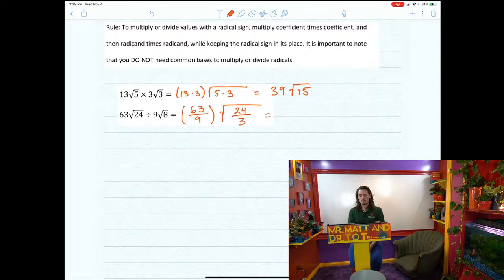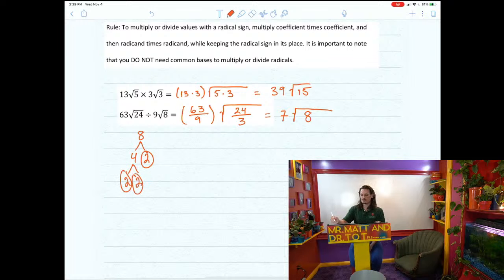That's not true, however, for the second value. 63 divided by 9 is 7, and 24 divided by 3 is 8. But notice that 8 can be broken down into 4 times 2, and 4 can be broken down into 2 times 2. So this is the same thing as 7 times 2 times 2 times 2.